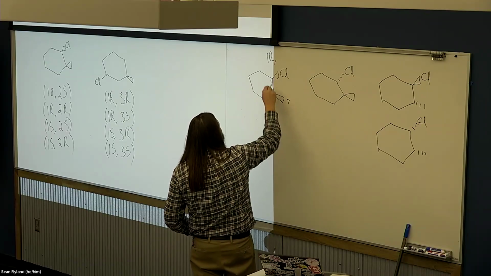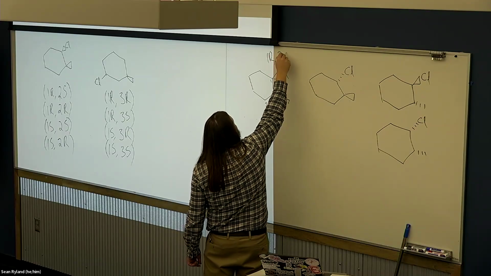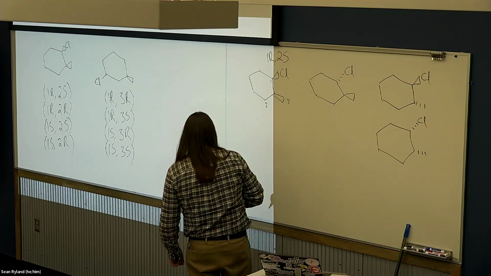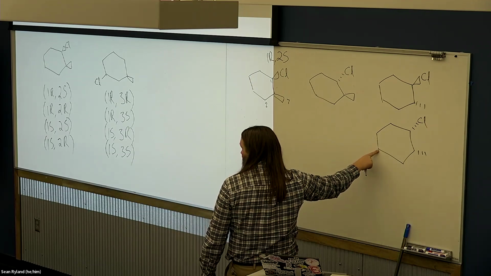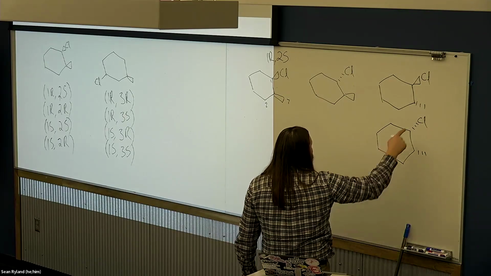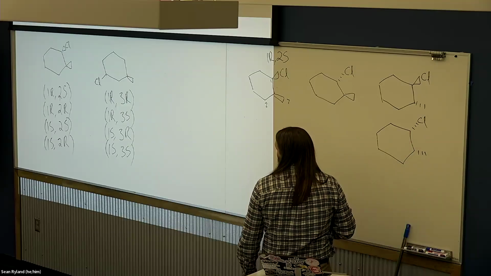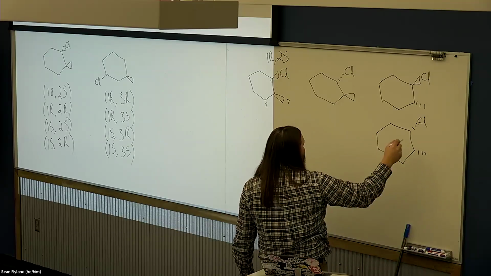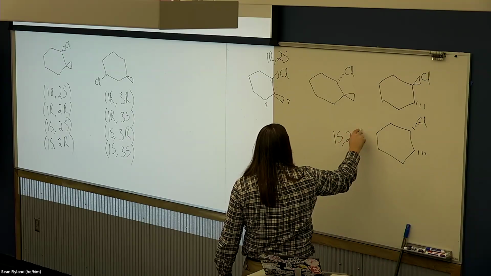So that's going to be 2S. Right? This one's not quite the same. Because it looks like they're still both cis, but we flipped both stereocenters. So this one's going to be 1S, 2R.